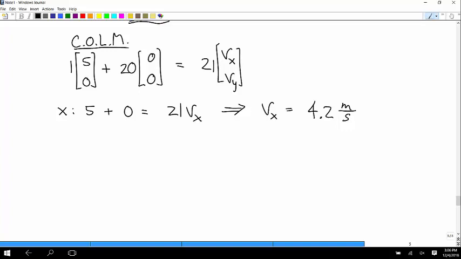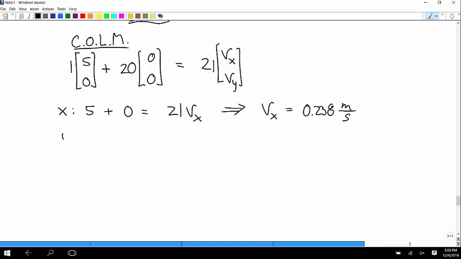That seems right. Yeah, it has to be something small. 0.238. Okay.